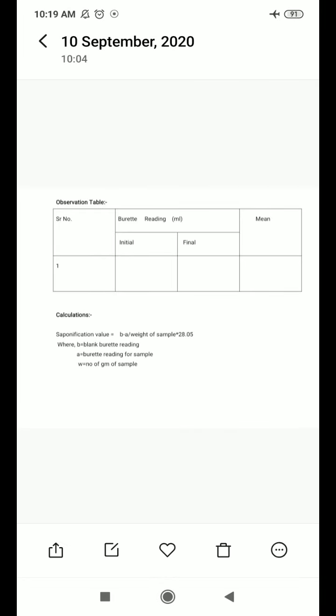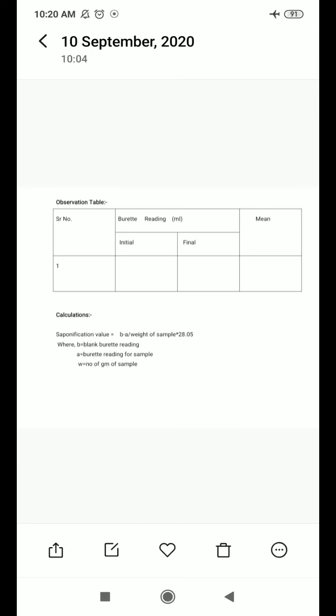Then calculation: how to calculate the saponification value. What is the formula for calculation of saponification value? Saponification value is equal to (B minus A) divided by weight of sample, into 28.05. Here B represents the blank burette reading, that is without your sample. Next is A, the burette reading for the sample, meaning the sample to which you have added castor oil.